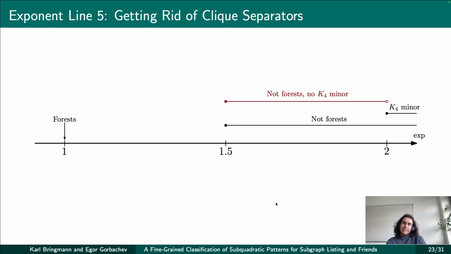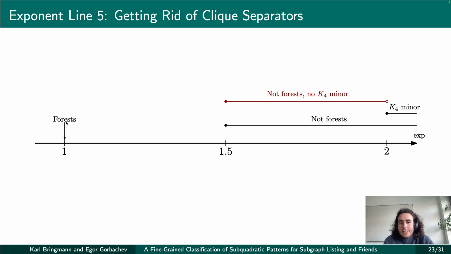If we now go back to our exponent line and apply this new tool, we may limit ourselves to only graphs that do not contain clique separators. For example, then, out of forests, only a single edge fits, as other trees have cut vertices.